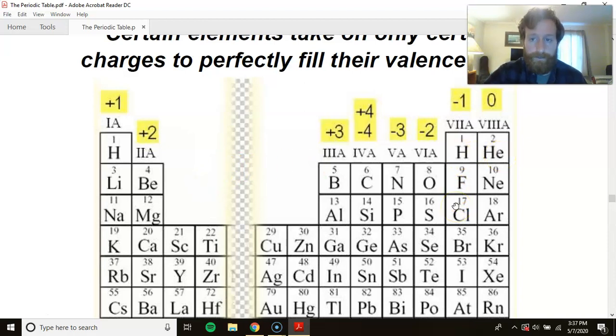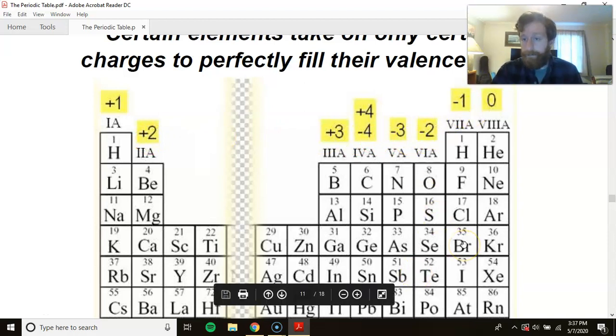So when it comes to predicting the charges of ions based off of the electron configuration and that idea that elements want to be like their nearest noble gas, these numbers are extremely important to remember, which is why I ask you to plug these numbers into a periodic table as well by selecting the third tab in the bottom left.